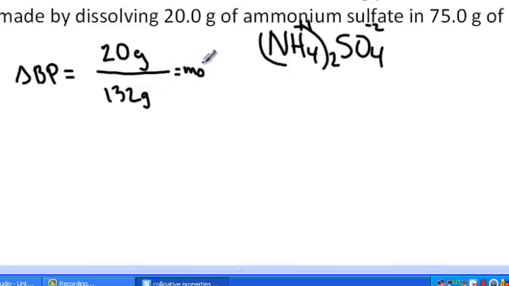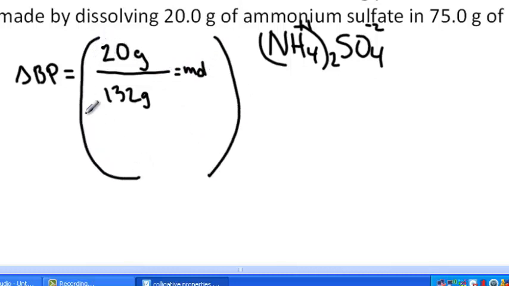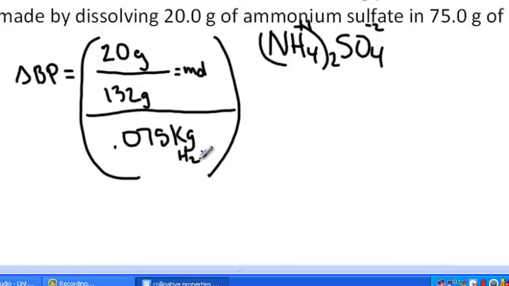So here's my mole. Mole of solute per kilogram of solvent, which is the water here. Grams over formula weight is moles of ammonium sulfate per kilogram of solvent.